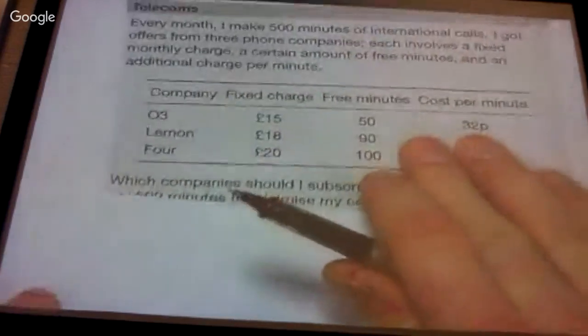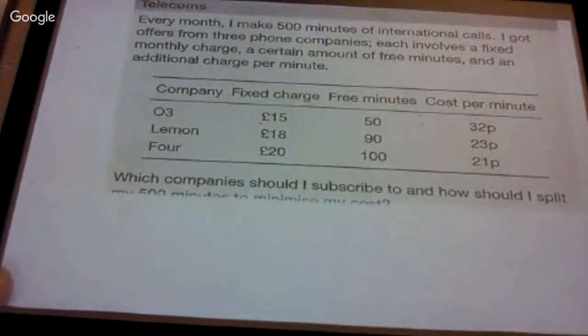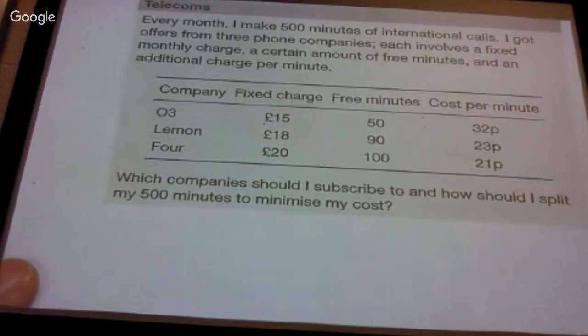Okay, so how does this go? Is the question clear to everyone? No?